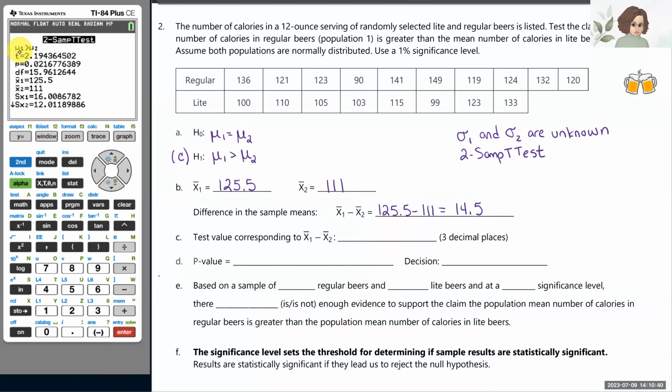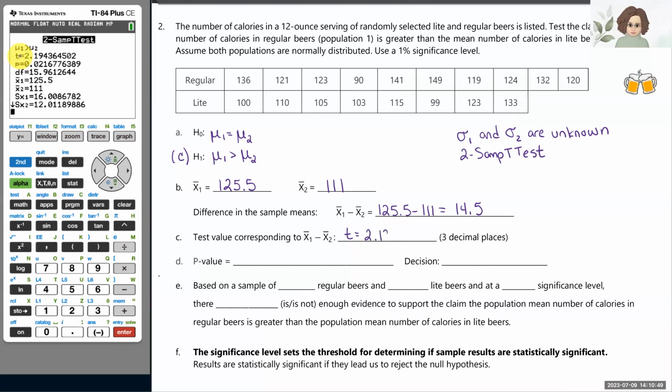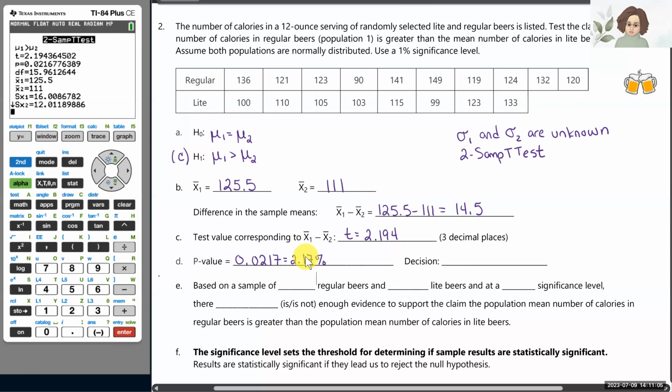There's our test value, or test statistic t. We'll round it to 3 places as usual for our t values: 2.194. And our p-value is 0.0217, or 2.17%. To determine if our findings here are significant, we're going to compare it to an alpha significance level of 1%.